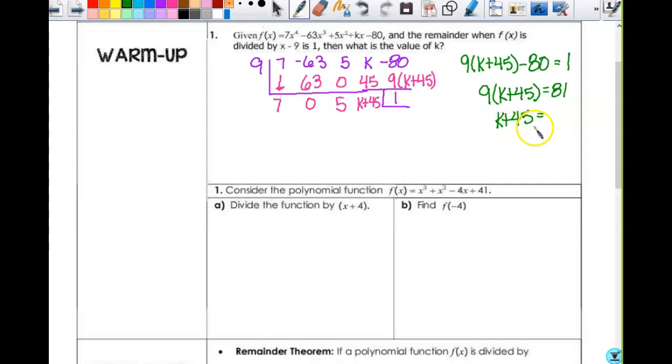How do I get to there? Divide by 9. What's 81 divided by 9? 9. There you go. Thank you for talking to me. And then I subtract 45 from both sides, and what do I get? Anybody? Somebody talk to me. Negative 36. Okay. Not even asking hard questions here.